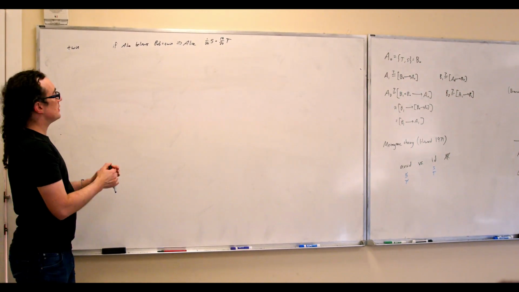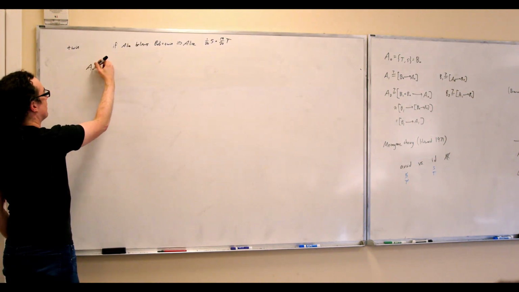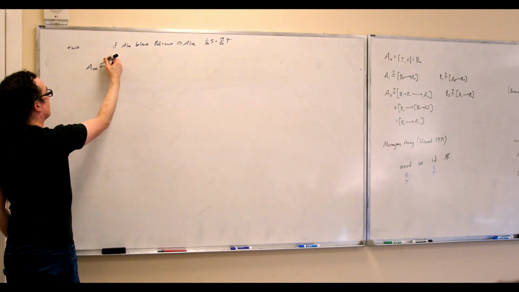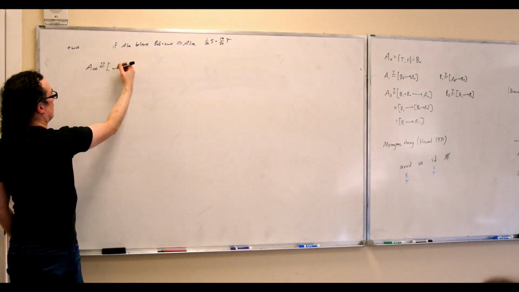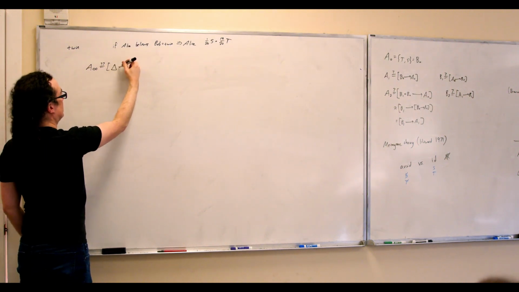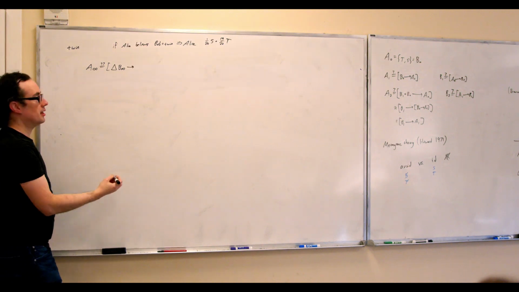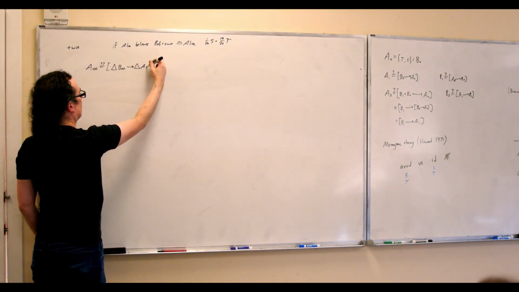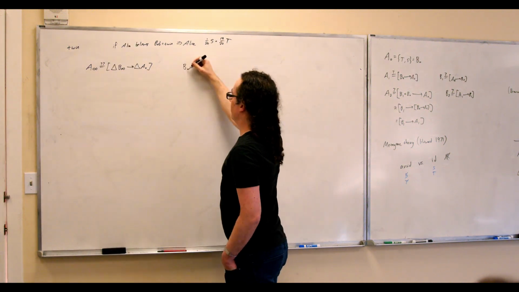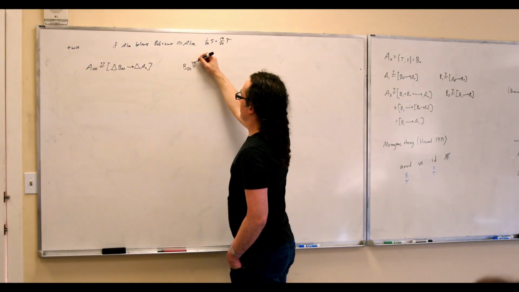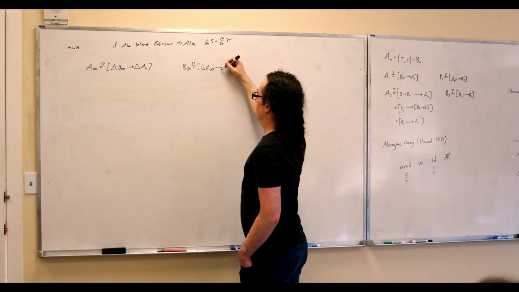But if we try to turn this English sentence into a type definition, we get something like A infinity would be functions from distributions over B infinity to mixtures of actions. And then symmetrically, B infinity would be functions from distributions over A infinity to something.